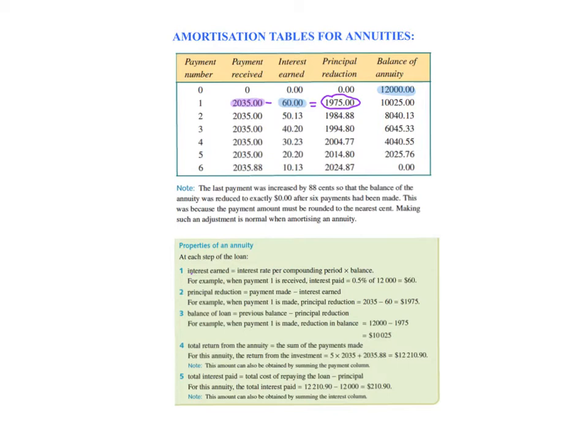See here, highlighting it. Interest earned is the interest rate per compounding period times the balance. So if we do that up here, we don't know what the interest rate is just looking at this table, do we? We can't see what the actual percentage rate is.